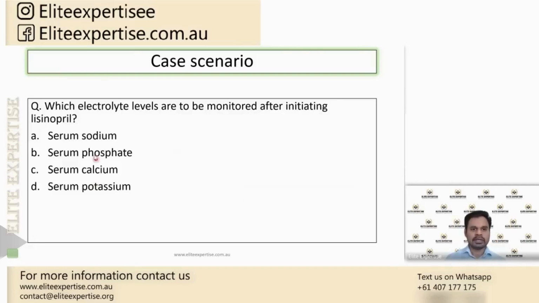Do we need to monitor serum sodium, potassium, calcium, or phosphate levels? Once we start the patient on lisinopril, the ACE inhibitor, we must monitor serum potassium levels, because one of the side effects of ACE inhibitors is hyperkalemia. So we need to keep monitoring the serum potassium levels of the patient.